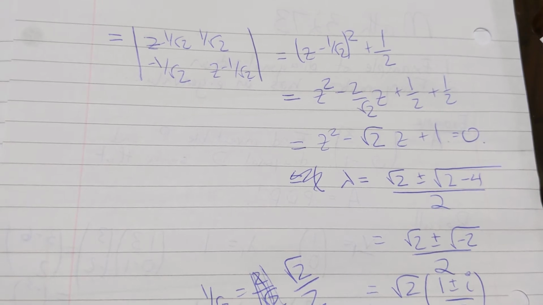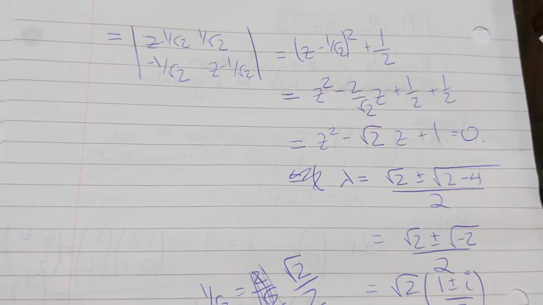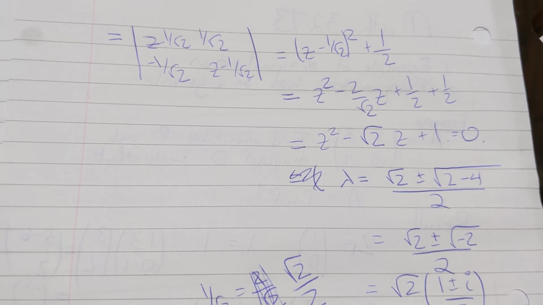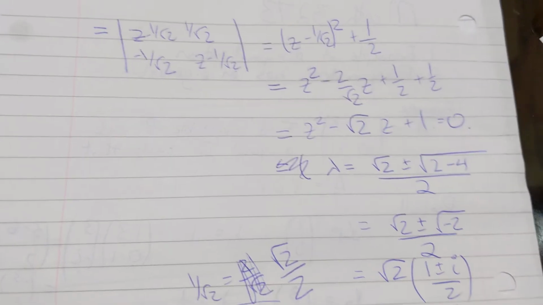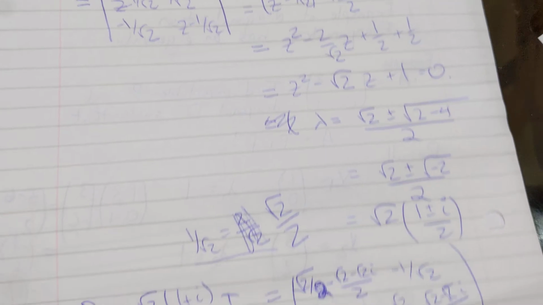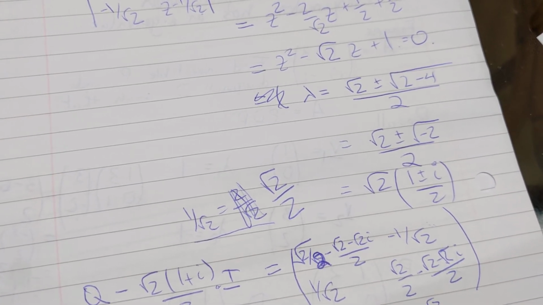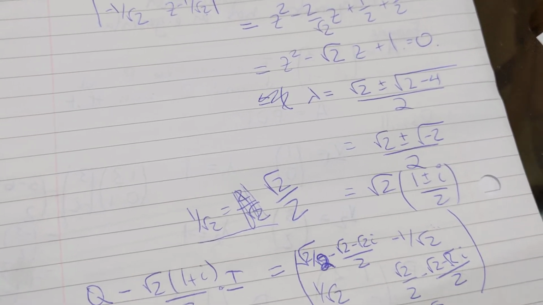Now if we replace row 2 with row 2 minus i times row 1, we get zeros.